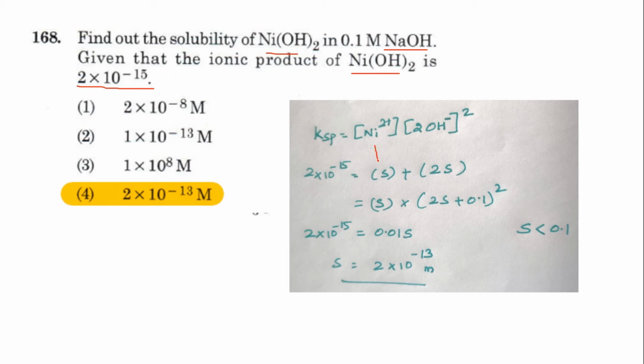We'll take nickel solubility as S and hydroxide as 2S, and we'll substitute the Ksp, already we have the value 2 into 10 power minus 15. So finally we'll substitute and get 2 into 10 power minus 15 over 0.01. So 2 into 10 power minus 13 mole is the correct answer.